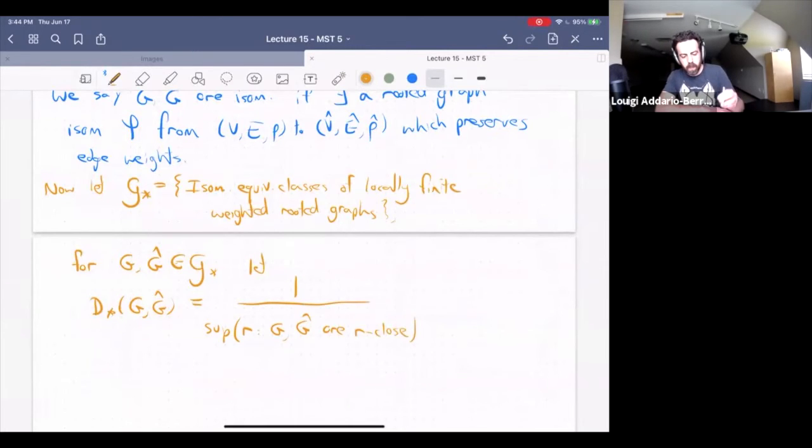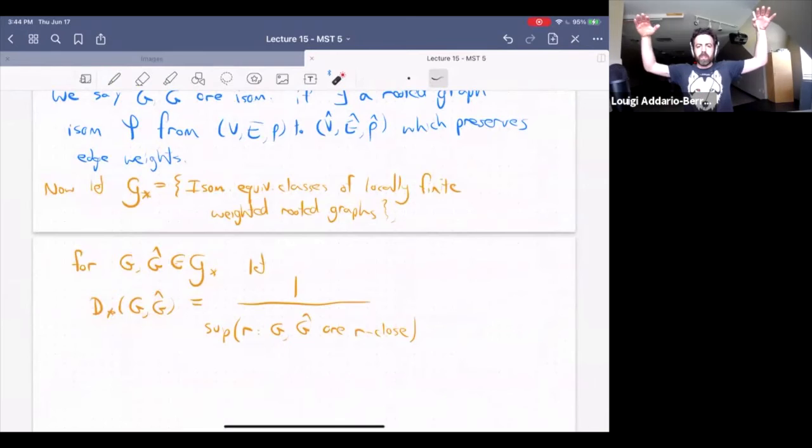I'm really working with representatives of the isomorphism equivalence classes. So if these two have distance under this D star which is at most 1 over a million, it means you can go out distance greater than a million in both of them and find isomorphic neighborhoods whose edge weights all line up to within additive error of 1 over a million.